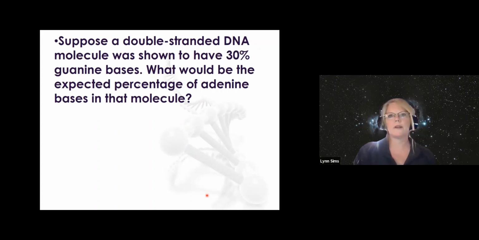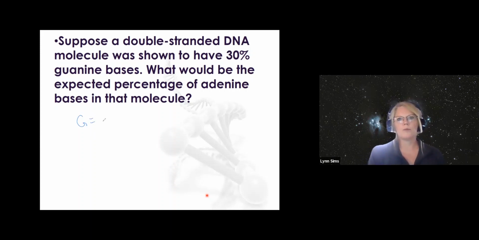So I'm going to go ahead and do this. So we know that the guanine equals 30%. Okay, so if guanine equals 30%, and guanine and cytosine percent should be about equal, we can say that cytosine also equals 30%, right?